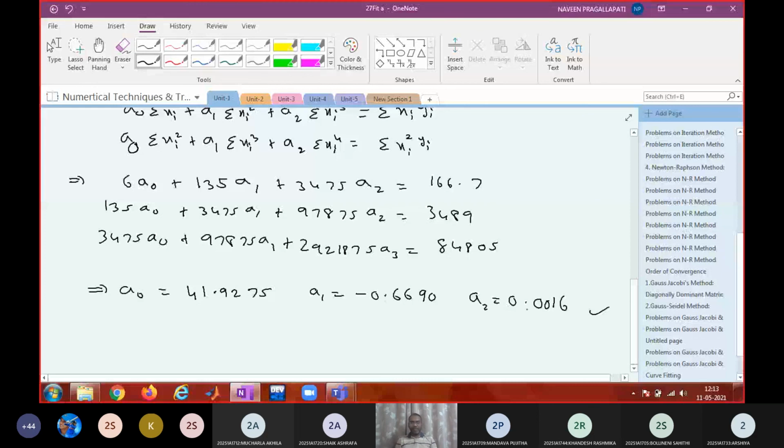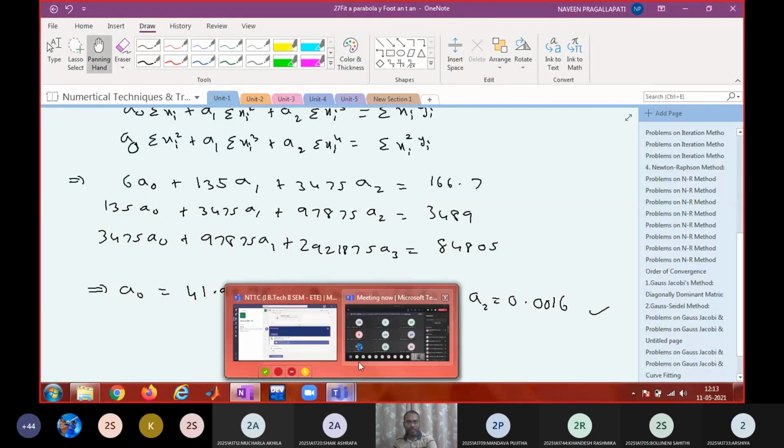So that's it. Okay, so the remaining problems are similar, only on parabolic and straight line. So I shall give some problems as homework. Please try to solve them. Is it fine? Okay.